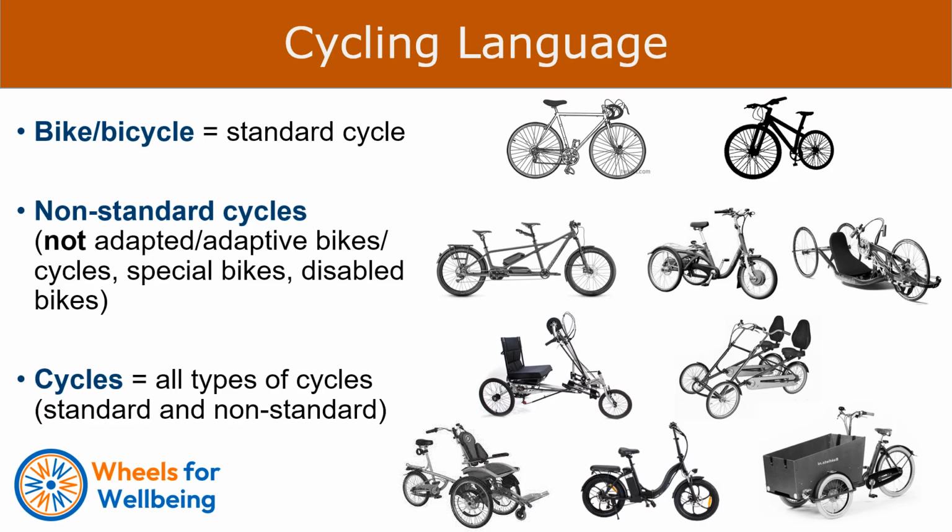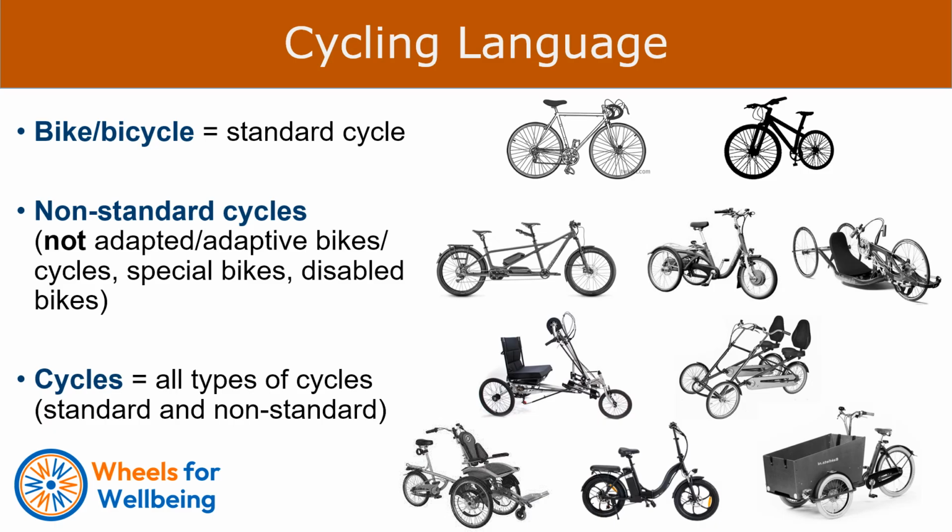All other types of cycle we refer to as non-standard cycles. This includes cycle types that have been designed specifically for use by disabled people, such as hand cycles. It also includes cycles that are not two-wheel bikes but may not be specifically designed for disabled people, although some disabled people might use them, for example, a tandem or a cargo cycle.